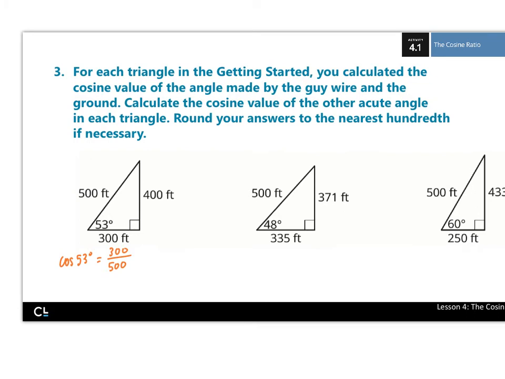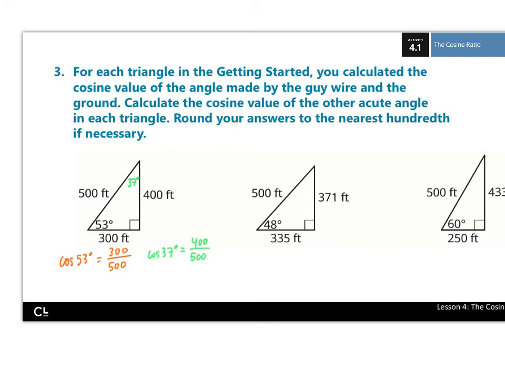And then if I look at my other angle, which is up here and would be 37 degrees, we also have the cosine of 37 degrees. Now the adjacent changes. The adjacent to that angle is 400, and the hypotenuse is still 500. That never changes.